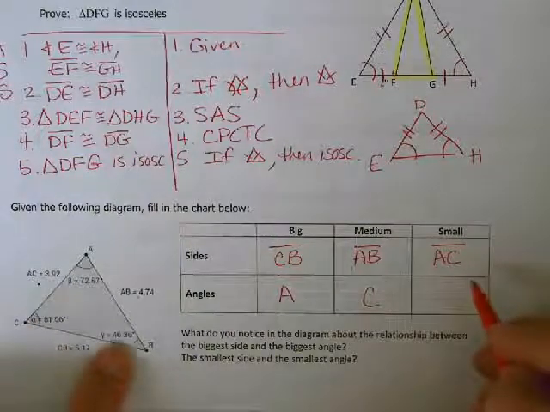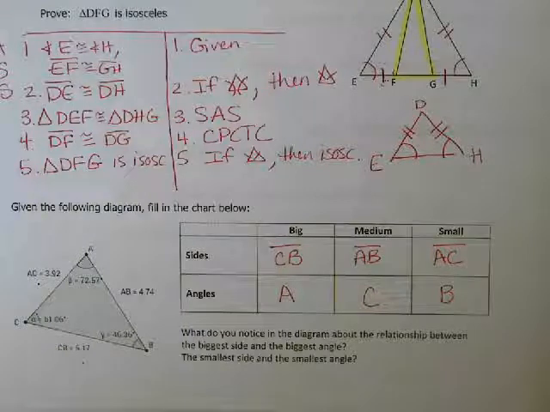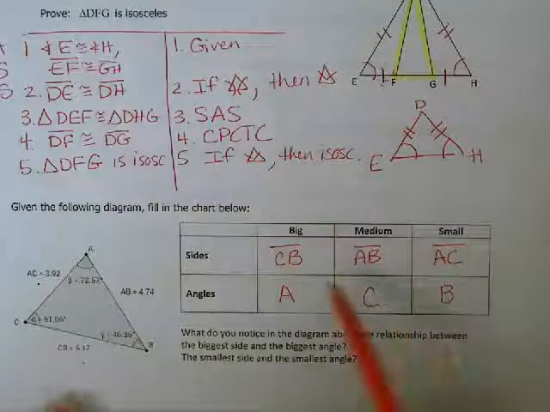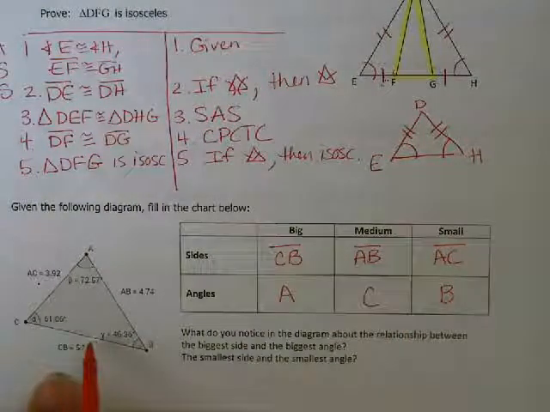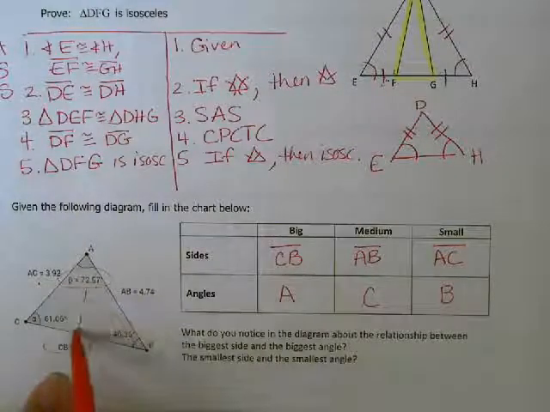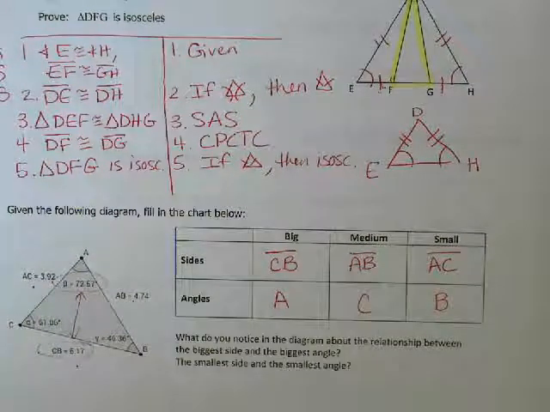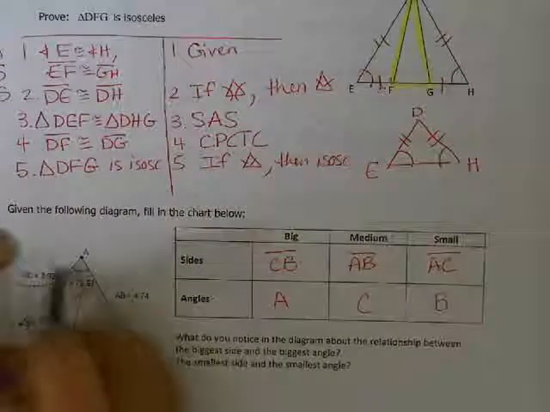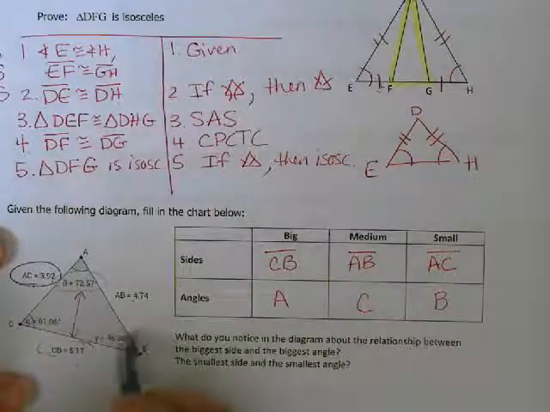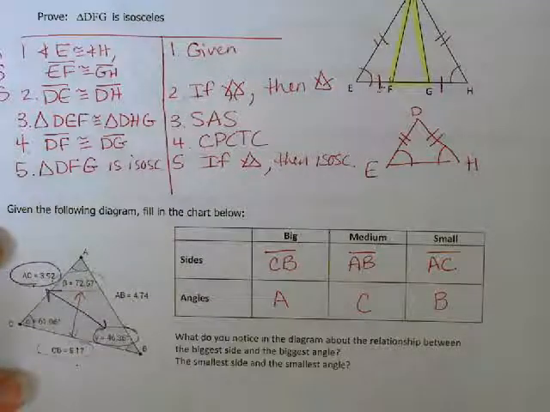And then our smallest angle is angle B. All right, so now let's look in the diagram at my biggest side here and my biggest angle. Do you see that they're across from each other? And then let's look at our smallest side, which is the 3.92, and our smallest angle, which is B. And you just see that they are across from each other.